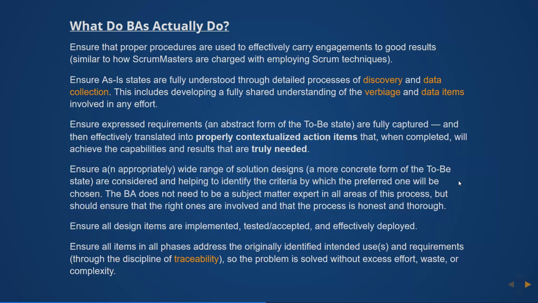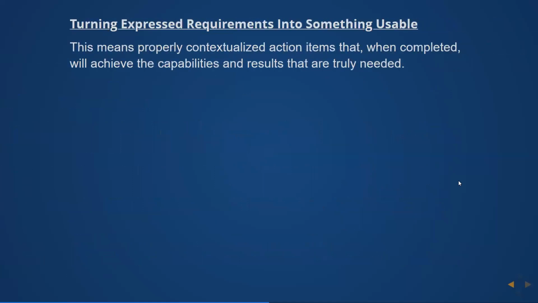So if you do this, you make sure all the items in each phase line up with each other. All the work you do is responsive to the problem and the identified requirements, and you're not doing extra work or making things more complicated than you need.